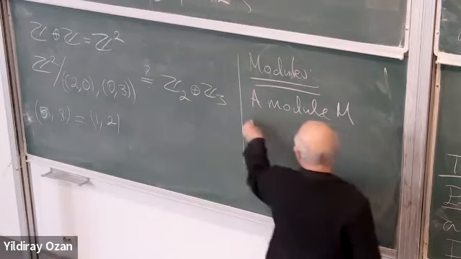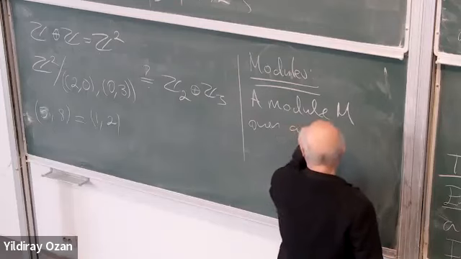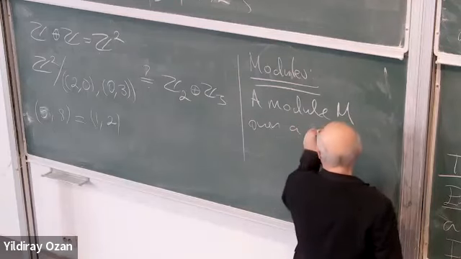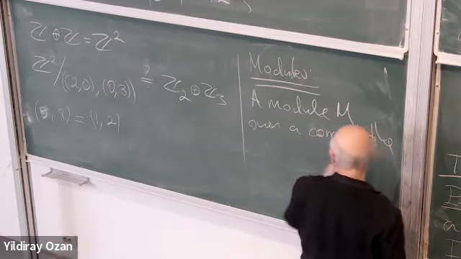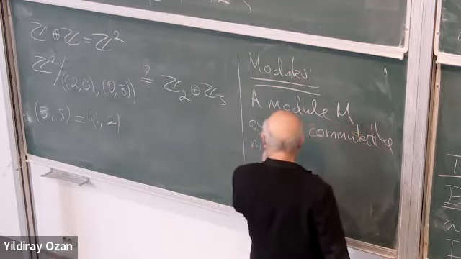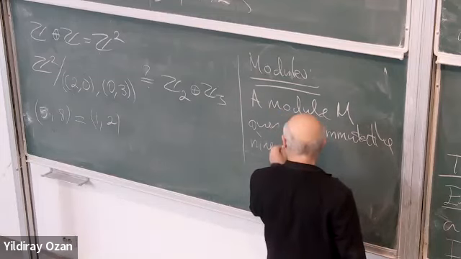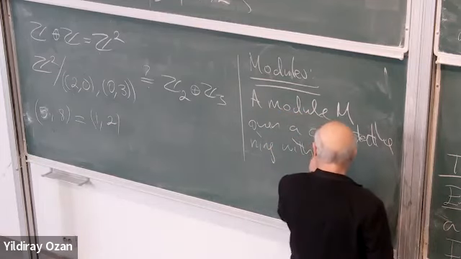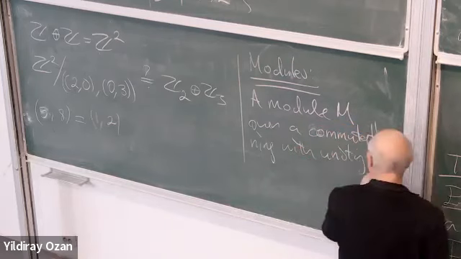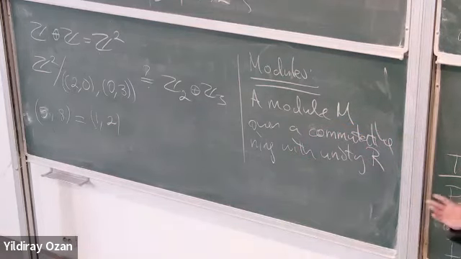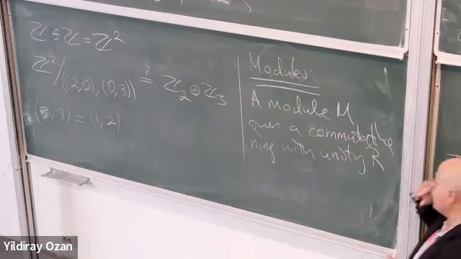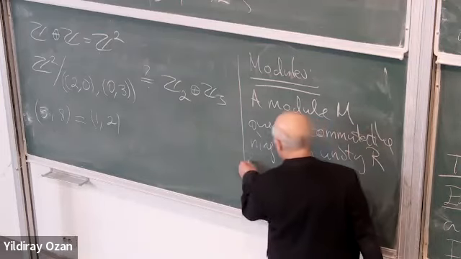M over a ring şeklinde komutatif ring ayırıyor. Komutatif olmak zorunda değil. Komutatif ring with unity R olsun. O ringi de ya integer'lar seçeceğiz ya polinomial algebra seçeceğiz aslında.